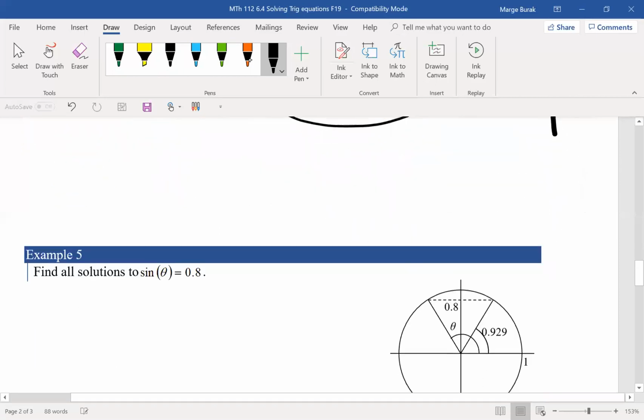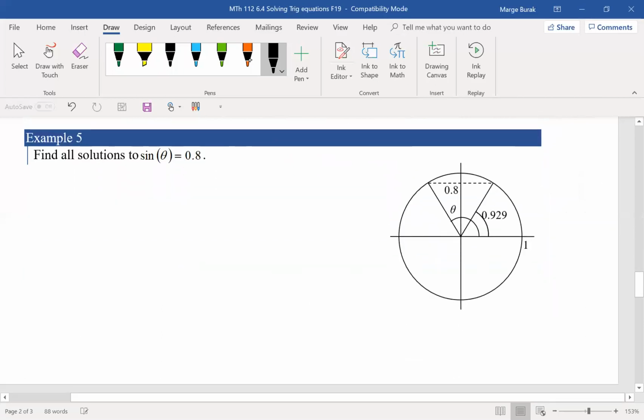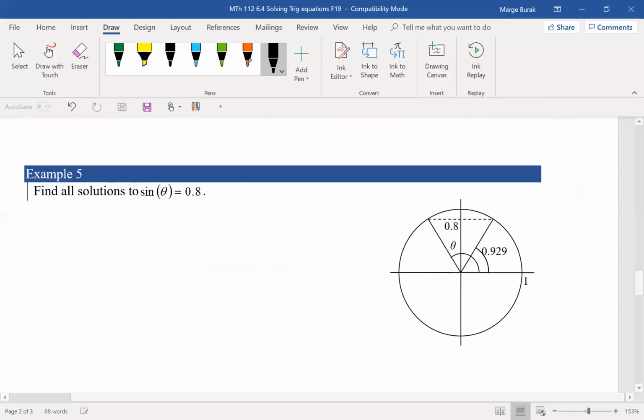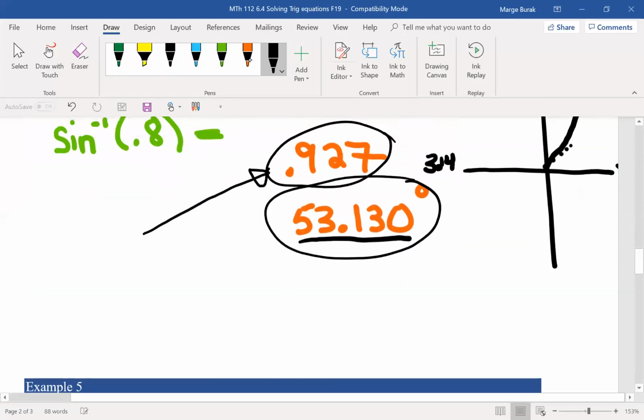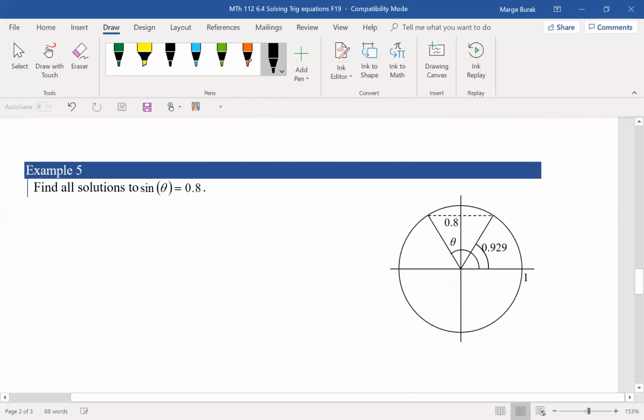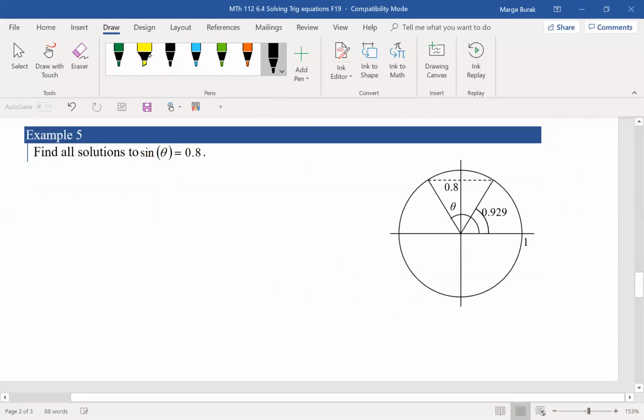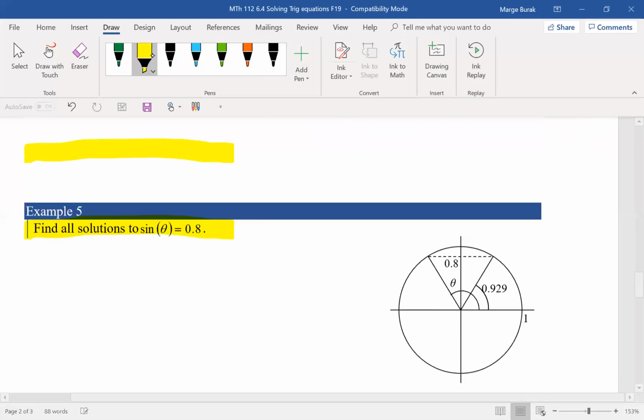Okay, so let's go to the next example. This time it says find all the solutions to the same problem, okay? So same problem, only we don't want just one solution, we want all the solutions. So looking at the diagram, here's our 0.927 that we just found up here.